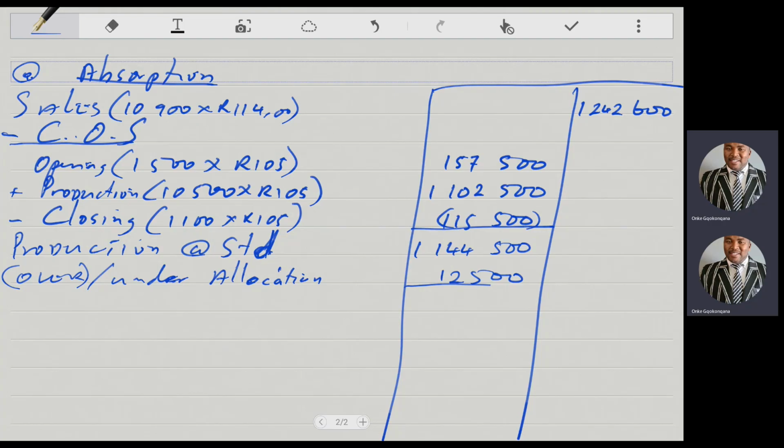Because this amount is positive, this 12,500 indicates to us that it's going to be added, because the amount that we've allocated to calculate that 105 is less by this 12,500 in total. So our cost of sales has to increase by that 12,500. So we've got a grand total of cost of sales equal to 1,157,000.